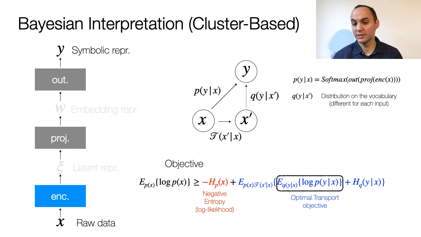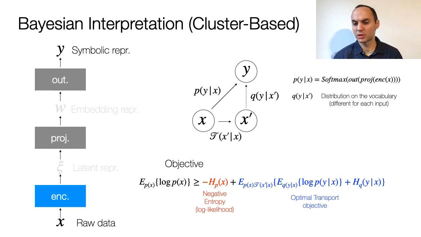The first addend enforces Q to be close to P, or P close to Q. So one of the solutions of such an objective is a trivial solution where P and Q are the same, and Q is completely uniform. That's an undesired solution, because if Q is uniform, it assigns a random symbol irrespective of the input image. So we disregard the information in the image, and that's not desired.